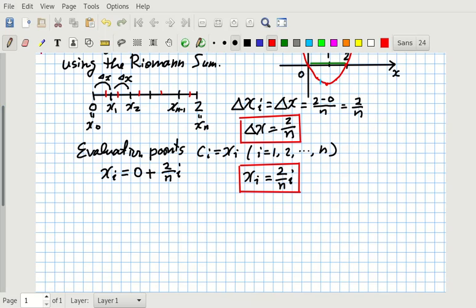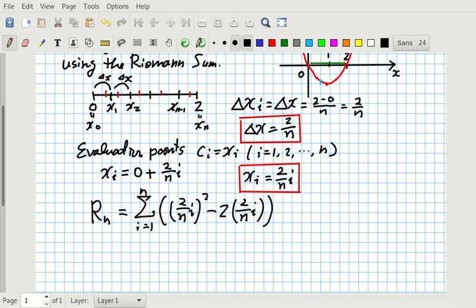Okay, then we can make the Riemann sum R sub n, which is the sum with i varying from 1 to n. We substitute x sub i into the function, so 2i over n squared minus 2 times 2i over n, times delta x, which is 2 over n.